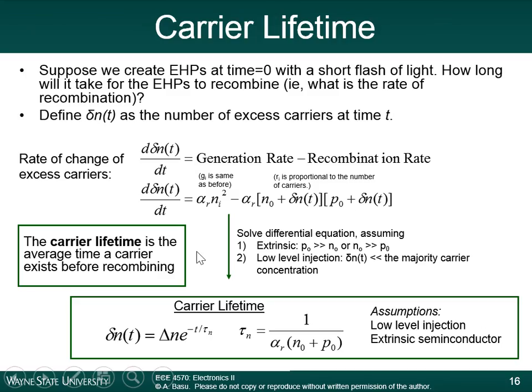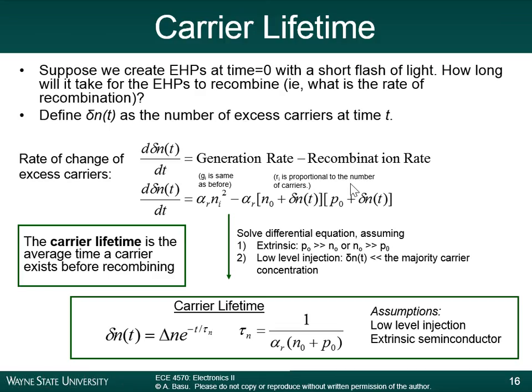The rate of change of excess carriers, d sigma n of t dt, is equal to the generation rate minus the recombination rate. Now, when we do this type of experiment, we are applying light at time equals 0 and then turning the light off. This temporarily changes the electron and hole concentration. It's a non-equilibrium situation, so the generation rate and the recombination rate are not necessarily equal to each other.